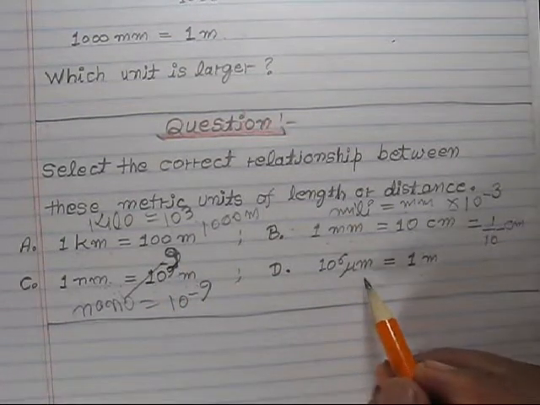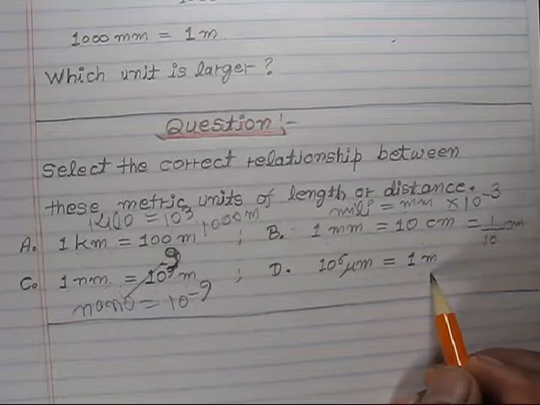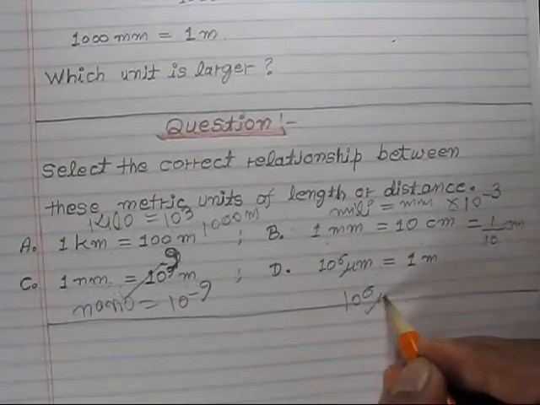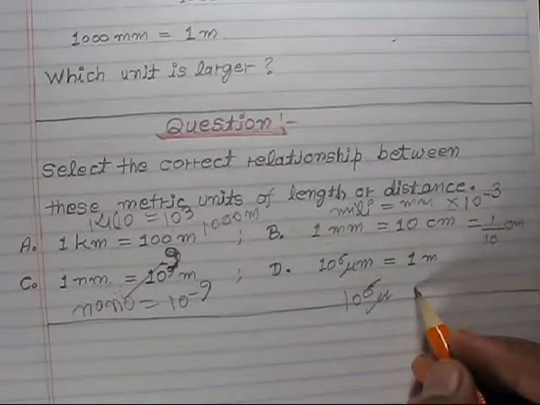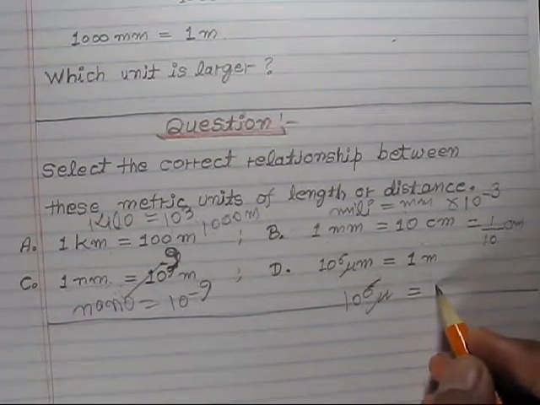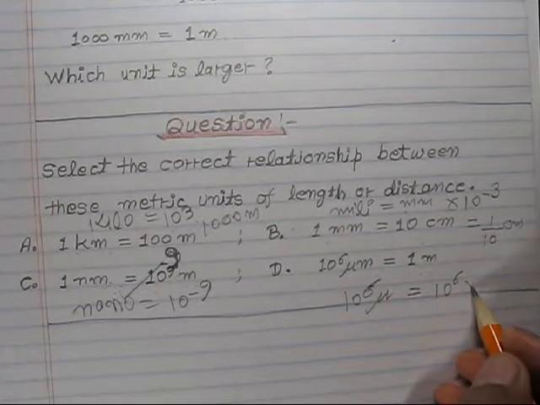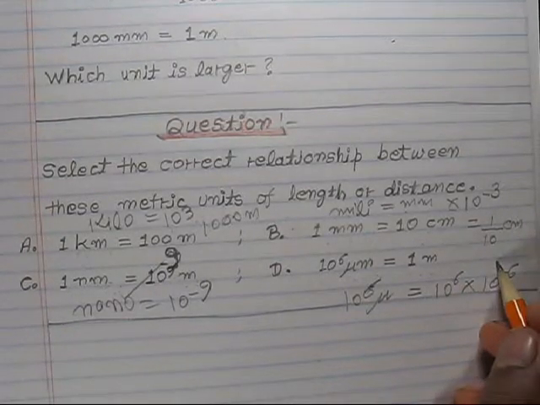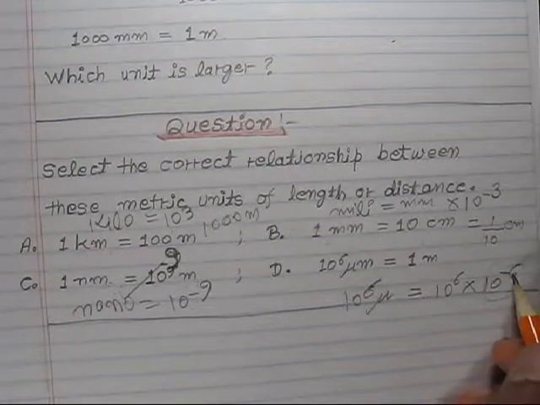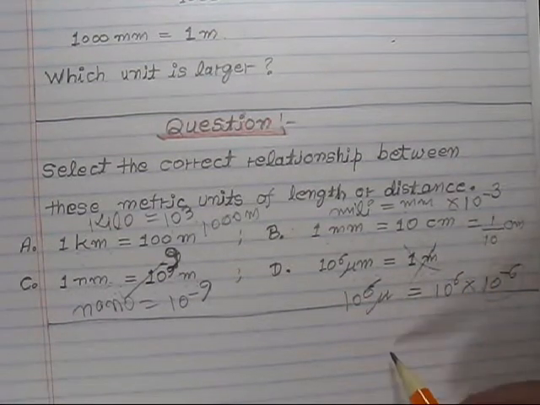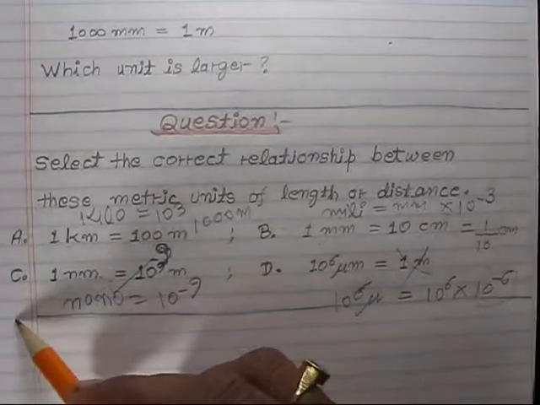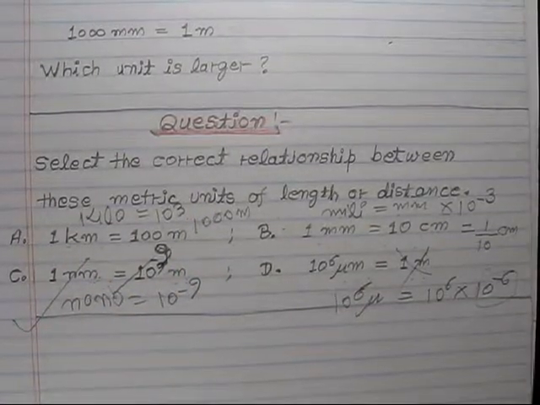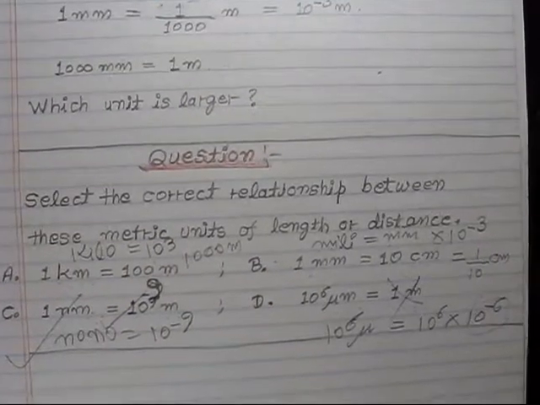And 10 to the power 6 micrometer is equal to 1 meter is also not correct, because if you replace micro, it becomes 10 to the power 6 multiplied by 10 to the power minus 6. So micro is 10 to the power minus 6, and this answer is not correct. So for this question, this is the correct answer. And we will see other units in detail.